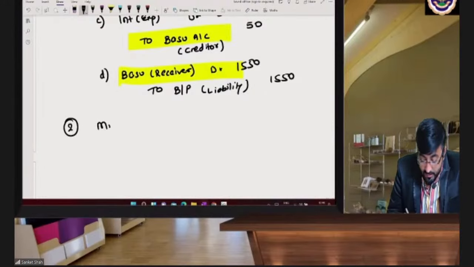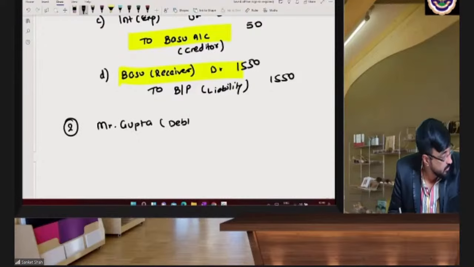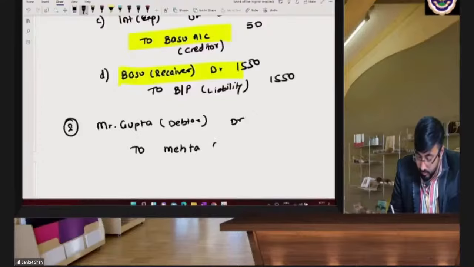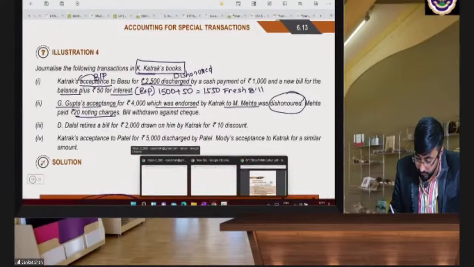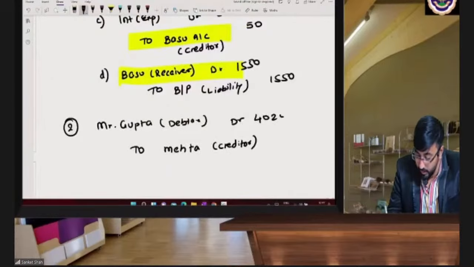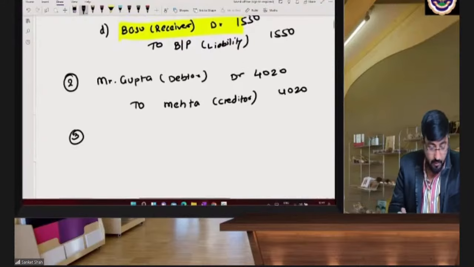So drawee is here, Mr. Gupta, debtor, account debit to Mehta, our creditor. So entry is 4,020. Very simple.